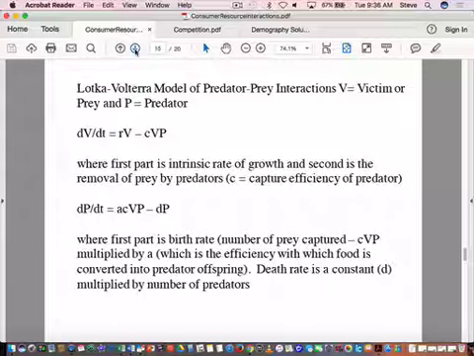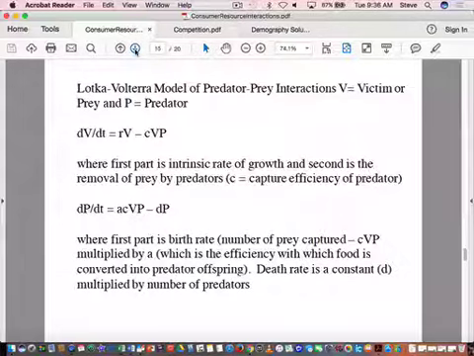And again, what we're looking at here is what influences the change in the number of the victim or prey over time. And this is the equation for it, and we'll get to it. And then this is the differential equation to look at the change in the predator numbers over time as a function of these two. Okay.